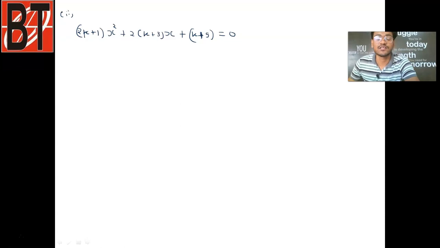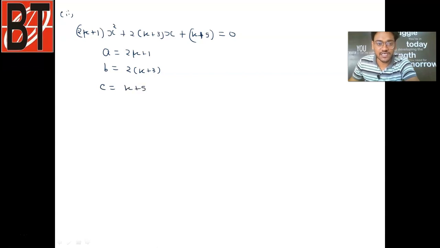Okay, so students, here if you check, the coefficient of x square is 2k plus 1. Okay, and the coefficient of x is 2 times (k plus 3). Okay, and the constant term is this k plus 5. No problem.